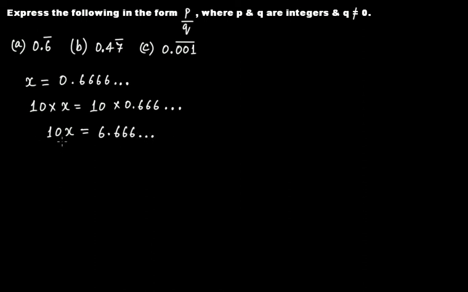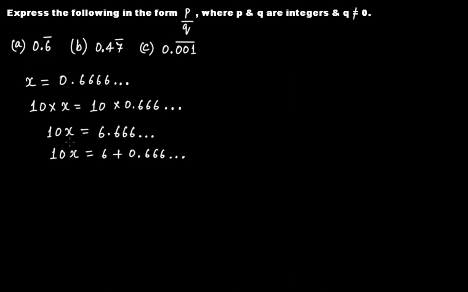And from here, this can be written as 10x is equal to 6 plus 0.666 and so on. Why? Because when you add this integer plus this decimal number, you'll get this number only. So we have just rewritten it like this.